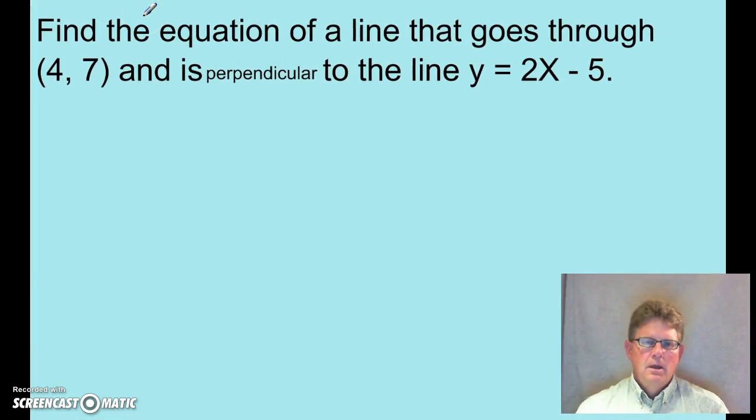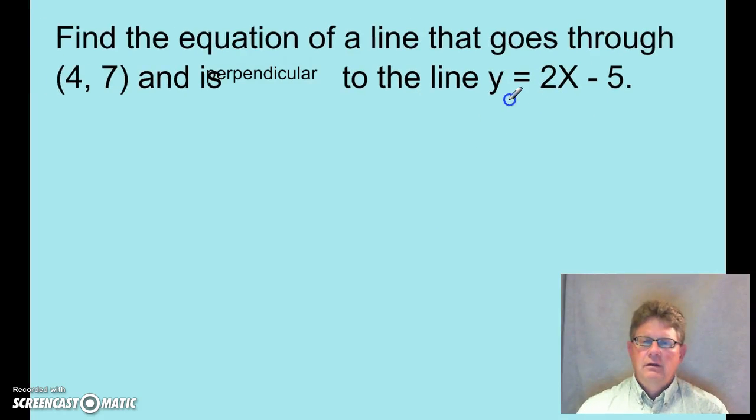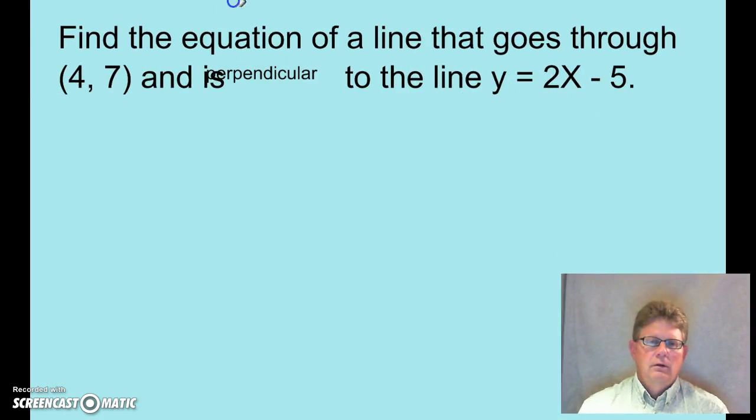So, find the equation of the line that goes through (4, 7) and is perpendicular to the line y equals 2x. The slope of this line is 2. So for the perpendicular line, the slope is going to be the opposite reciprocal. The reciprocal of 2 is 1/2, and this is positive 2, so negative 1/2.